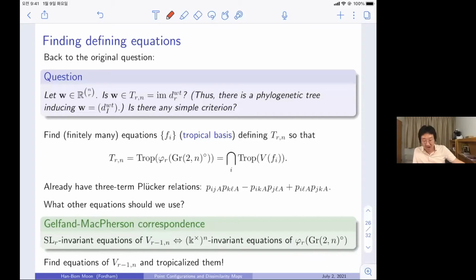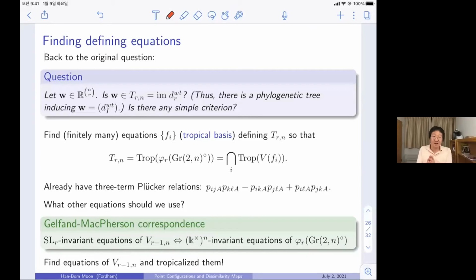Let's take a vector W in R to the n choose r, so that we want to understand whether W is indeed in the image of the weighted dissimilarity map, and then we can find a metric tree which provides a tree metric and weighted dissimilarity. Again, in this question, finding a finite list of simple criteria is a really effective and useful question for both algebraic geometers and computational biologists.